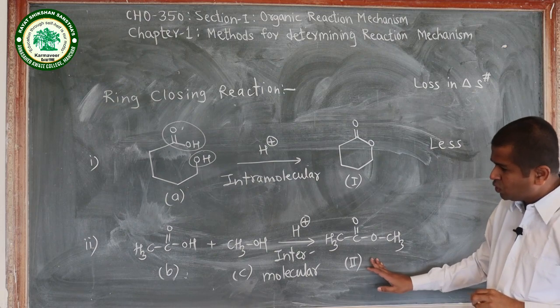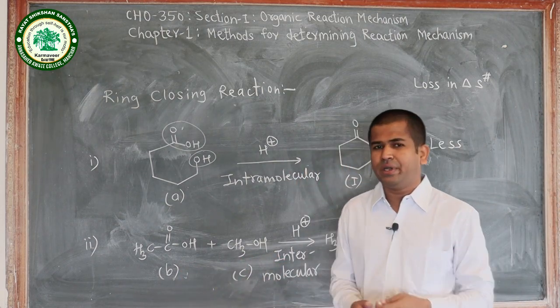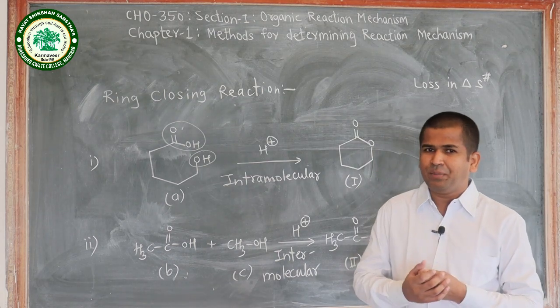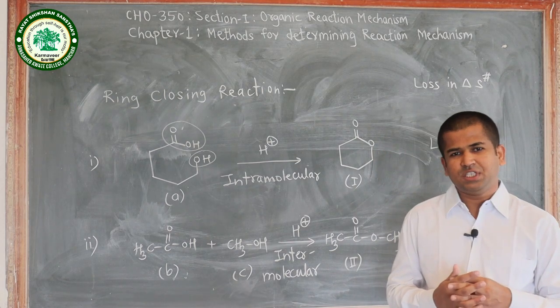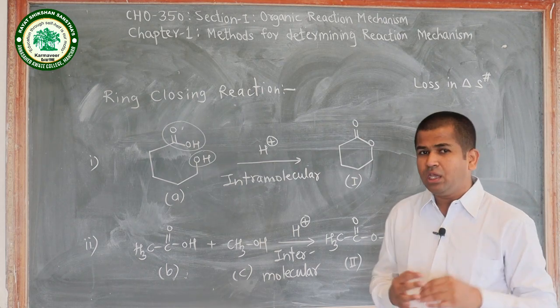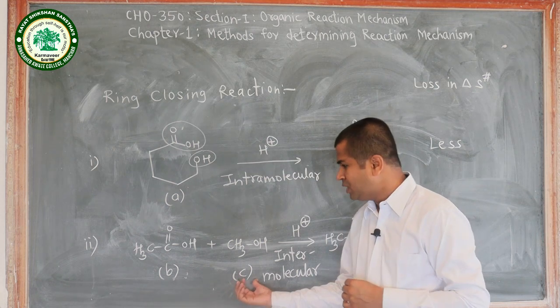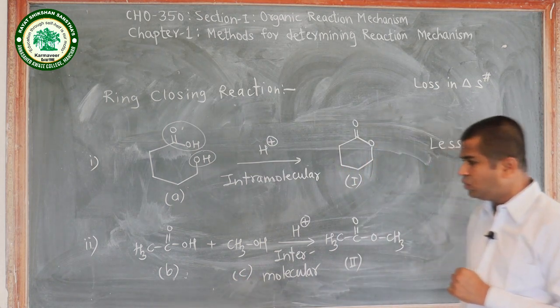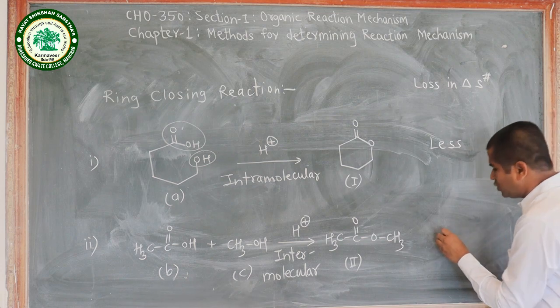In reaction 2, each substrate has its own degree of freedom, and for a reaction to happen, we know that the reacting species has to come in a specific orientation. So the loss in degree of freedom is more in reaction 2, and therefore the loss in entropy is also more.